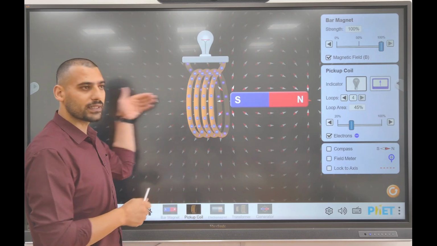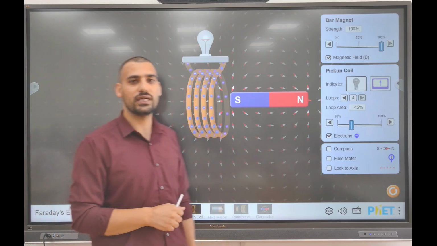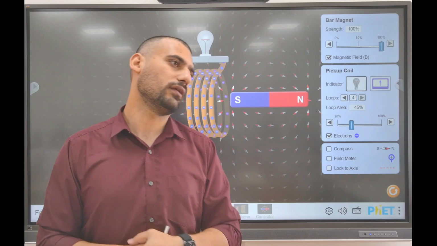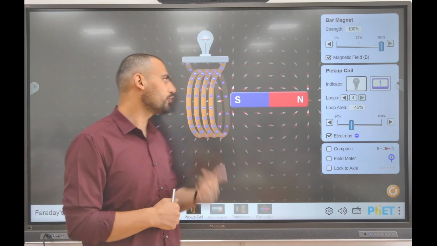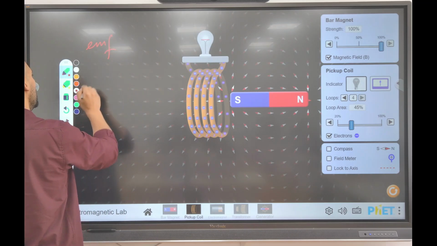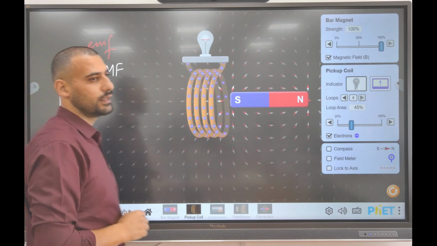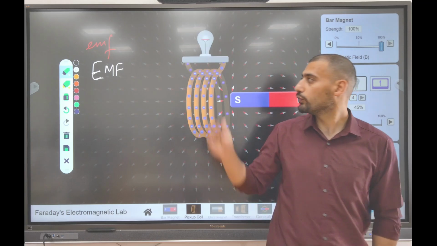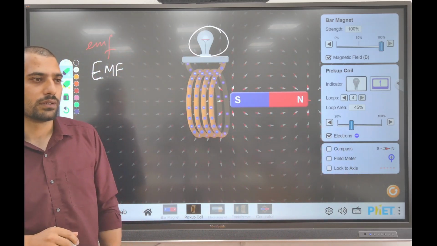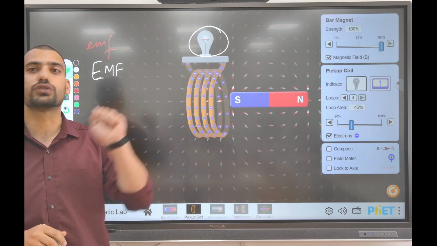Whenever the flux linked with a coil changes, an EMF, electromotive force, is induced in the coil, due to which the bulb glows. Is that fine? This is the conclusion.